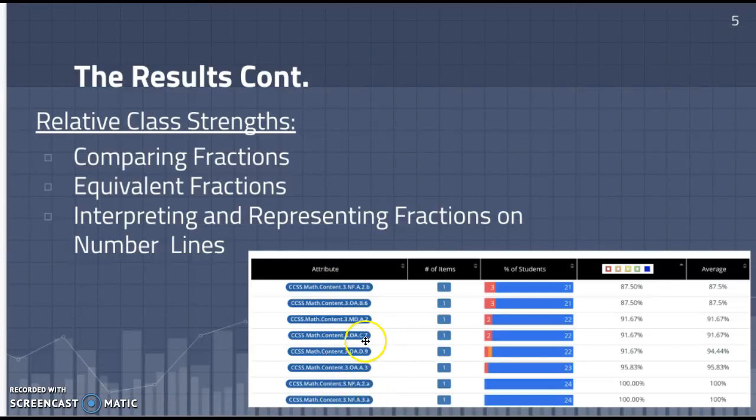These are fraction standards. These are really multiplication division standards. This is an area standard, but it relates to multiplication. It's, again, fraction and then multiplication properties. So the heavy hitting standards my class did really well on, and you can also tell here from the averages that they scored 87% or higher on these standards, some of them even 100%.